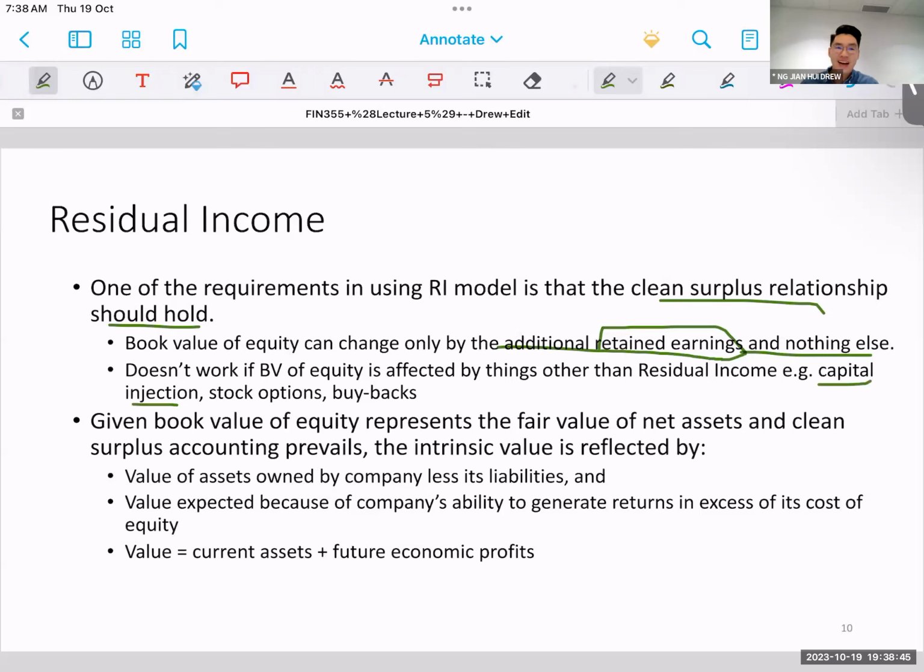Most of the time there might be some, such as stock options or stock buybacks, basically anything that affects the equity that is not related to the increase in retained earnings. If there are stock options or stock buybacks, usually adjustments have to be made to the financial statements before we use the numbers for the calculation of residual income.